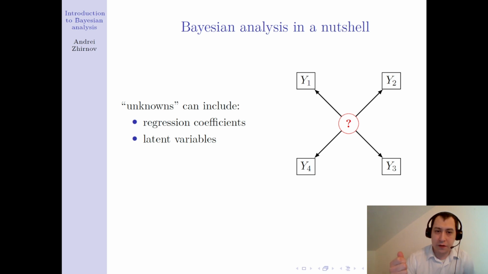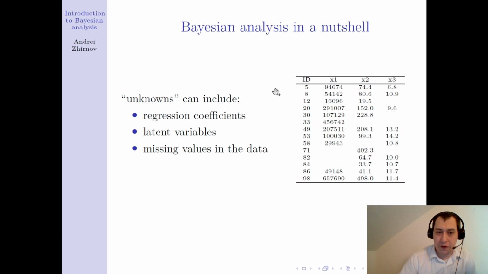The unknowns do not have to include only the parameters of the models. If, for example, we have missing data, the missing values of the variables in the sample that we have on hand are going to be the unknowns.